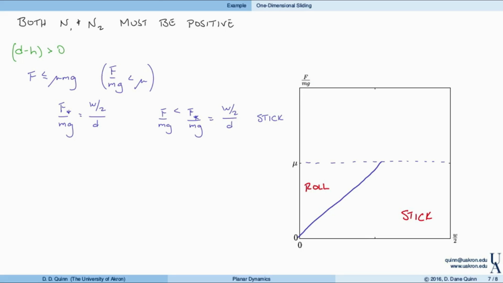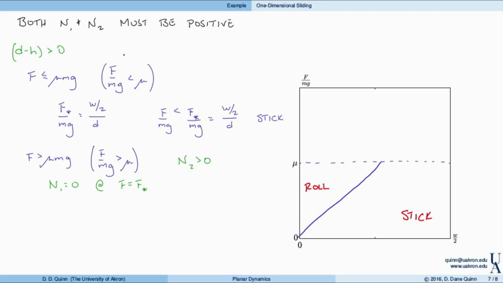So then we have to look at our slip analysis. This would be F greater than mu mg, or F over mg greater than mu. Now, we had said that N2 was always going to be positive. But N1 equals 0 at some critical level of force, which we'll again call F star.